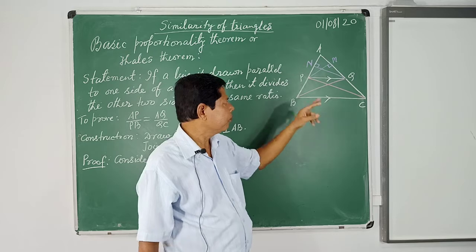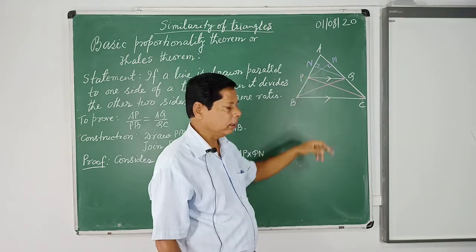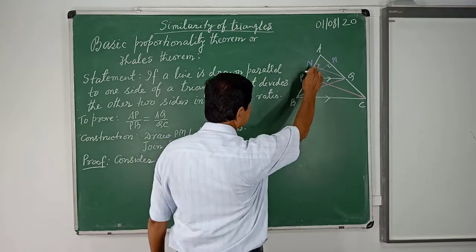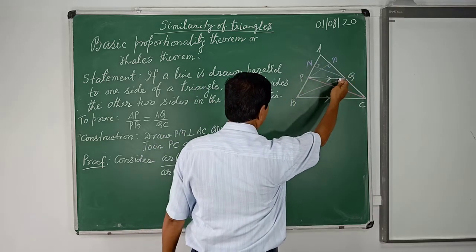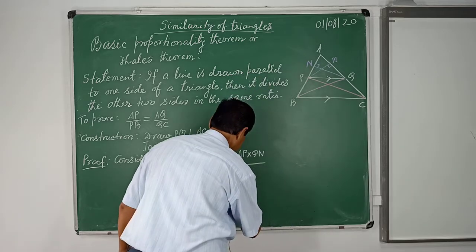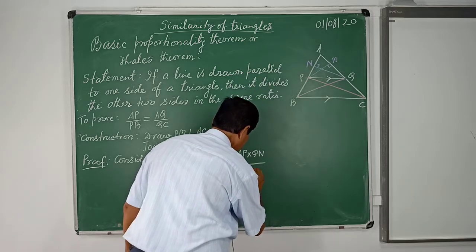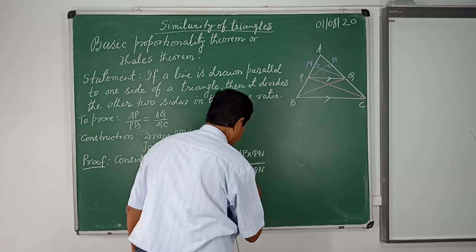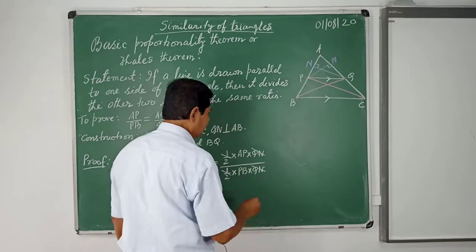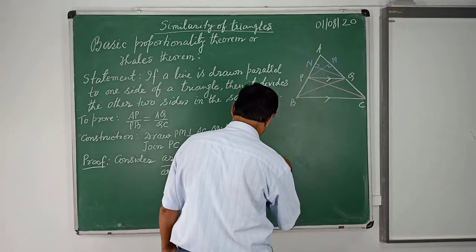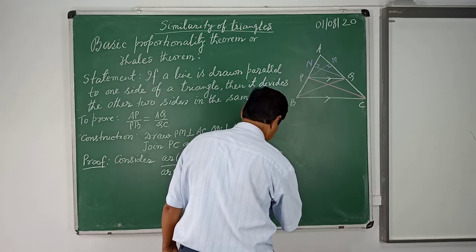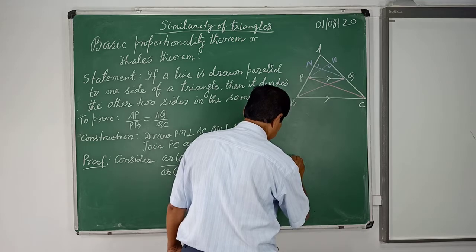So the altitude for PB is also QN. So base is AP. In this case, QN is taken, and for this PB is the base, then QN is the perpendicular. So QN gets cancelled, half gets cancelled, result is equal to AP by PB. Call it equation number 1.